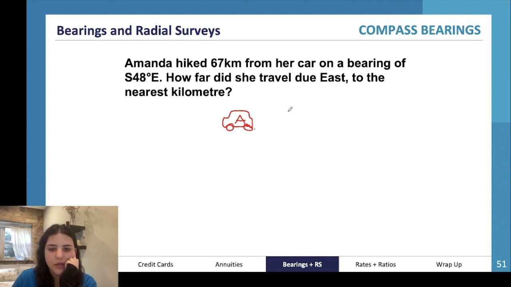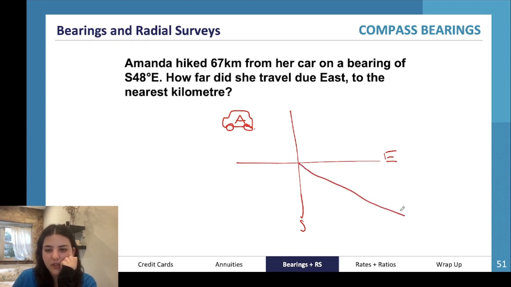So we'll draw a compass. This is south. This is east. We know she went 64 degrees, so just over 45 degrees that way. So this must be 64 degrees. She traveled that direction, and we know this is a 67 kilometer line. How far did she travel due east to the nearest kilometer? This is actually a trigonometry question.